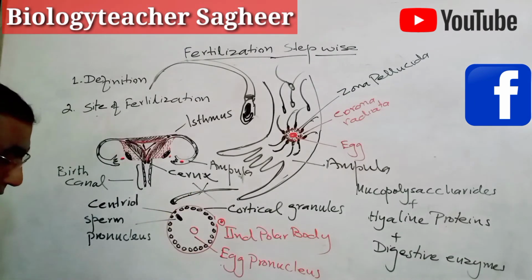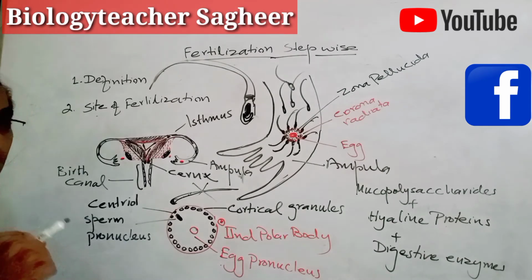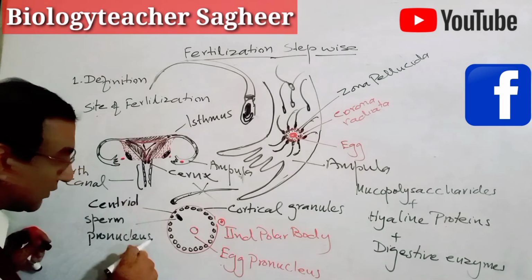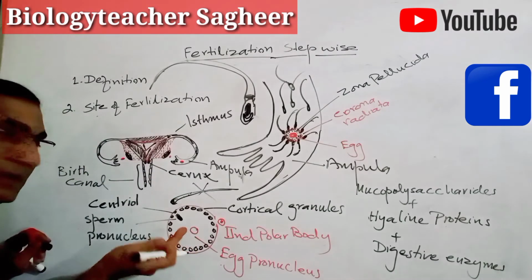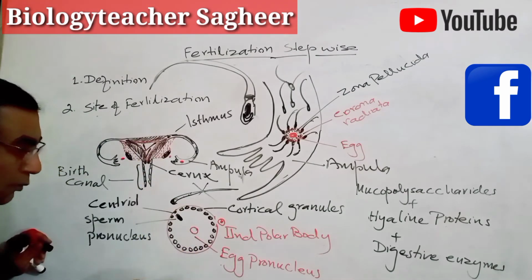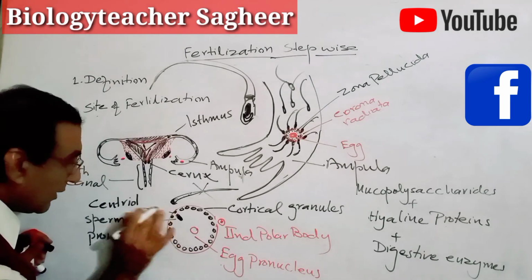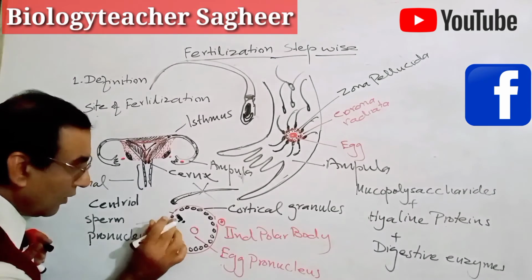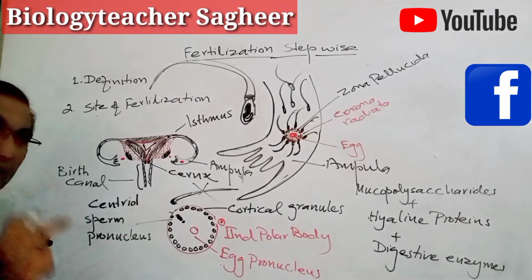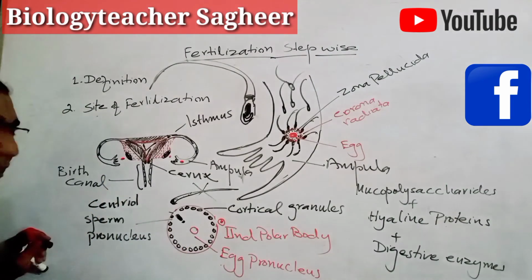Now this phenomenon occurs: an upside down movement occurs, and the centriole takes the position in front of the pronucleus.